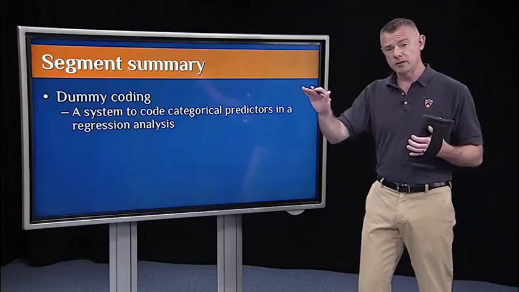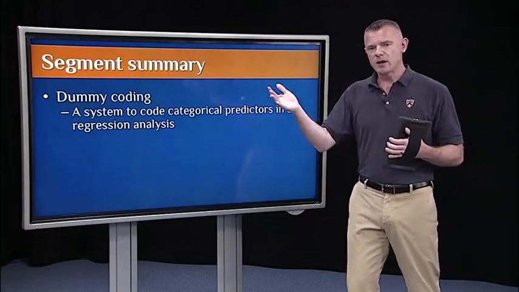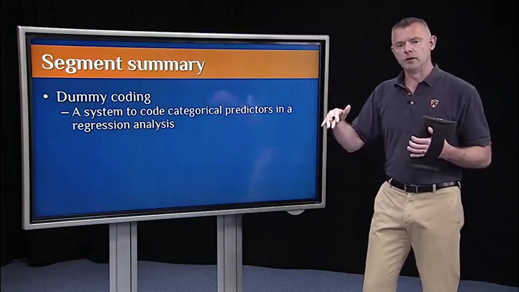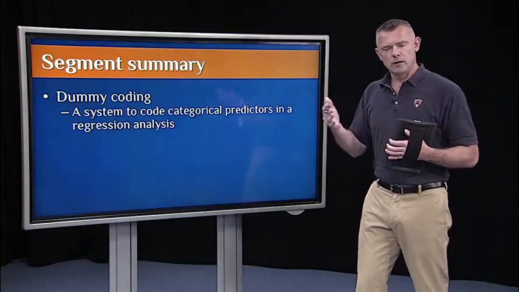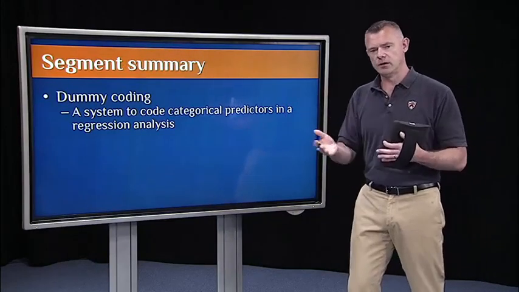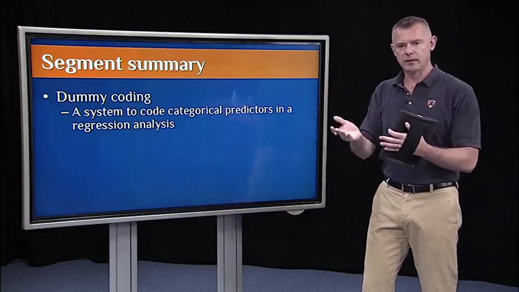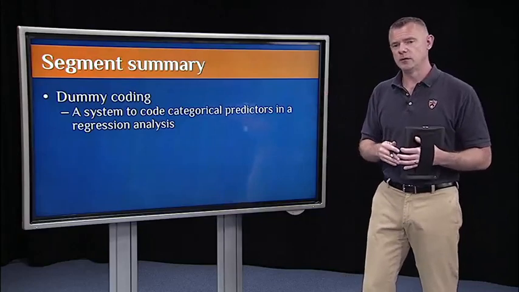That one gets all zeros across all the codes, and then you have just as many codes as groups minus 1, and that's it. And that allows you to look at categorical predictors in the same model as continuous predictors and put them together in moderation analyses, which is what we're going to do in lecture 13.